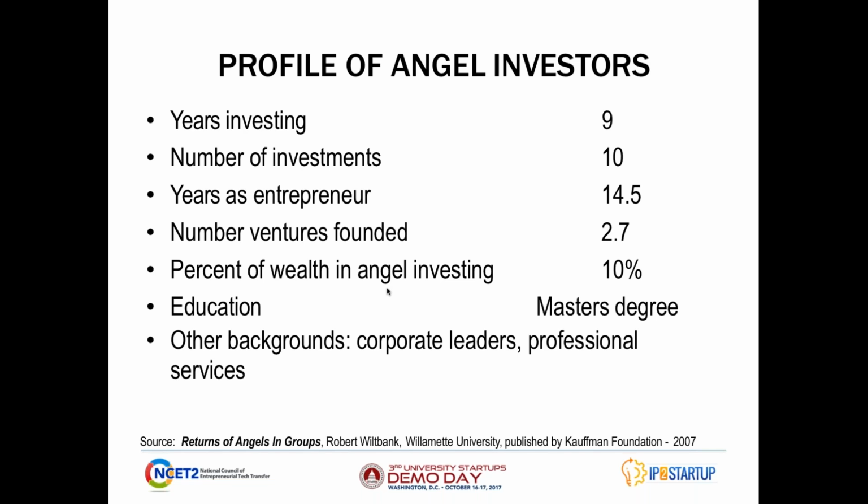So there's a cycle here. Most people don't invest more than 10% of their wealth in angel investing just because it really is very risky. You don't want to put everything in, because if you don't have a good portfolio, you can easily lose it all.